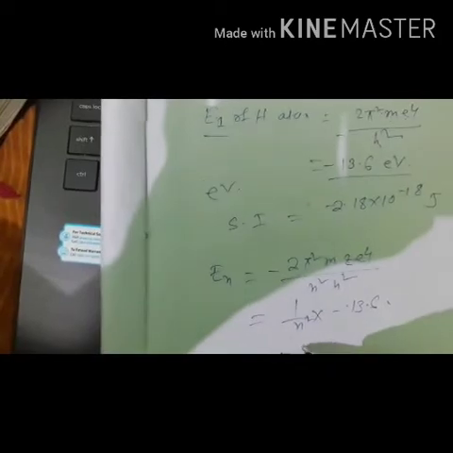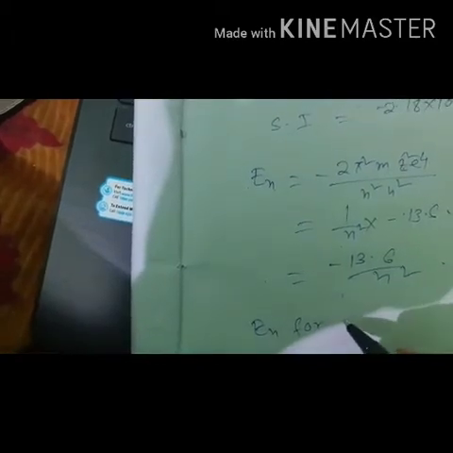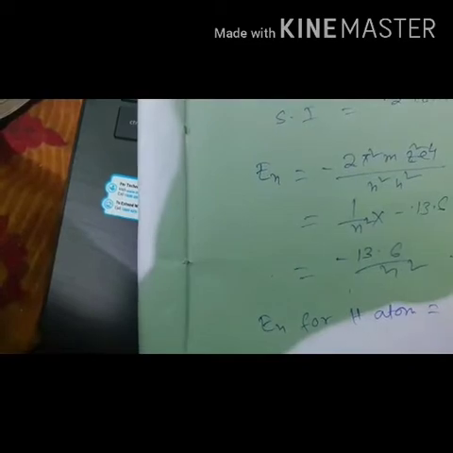So the En expression comes to minus 13.6 divided by n square. That is the energy expression for the hydrogen atom.